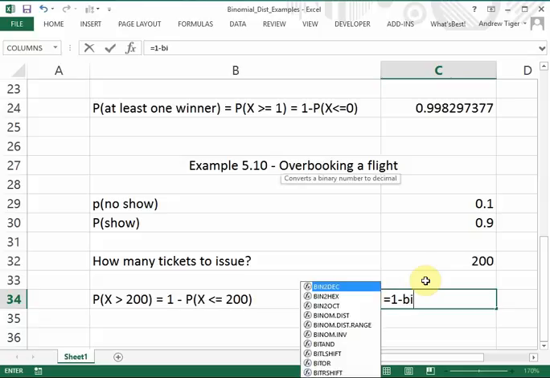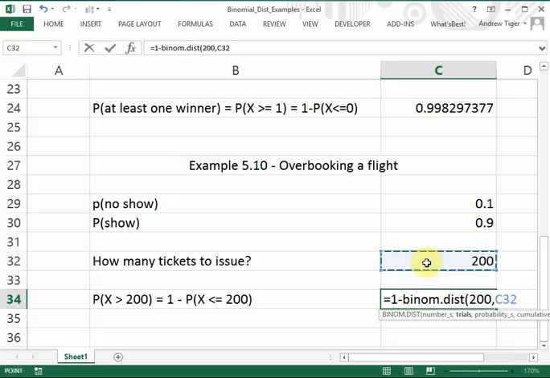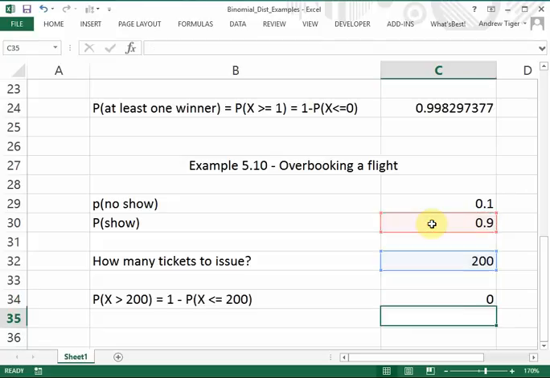It's binomial.dist, where we put in 200 out of 200. Number of successes, yes. Trials is 200. The probability of success of them showing up is 90%, and we do 1.